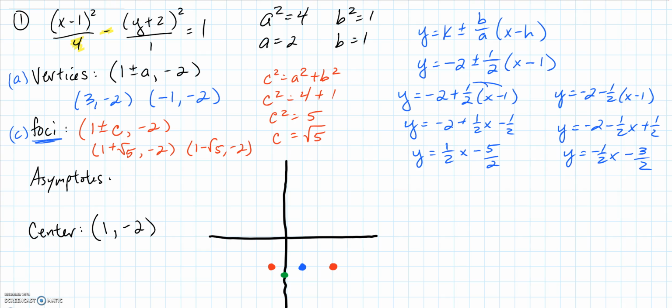I'm going to go up 1 over 2, and I get an asymptote here, like that. I'm going to graph my second one. That starts at -3/2, which is -1.5, and that one goes down 1 over 2. So I get my second asymptote.